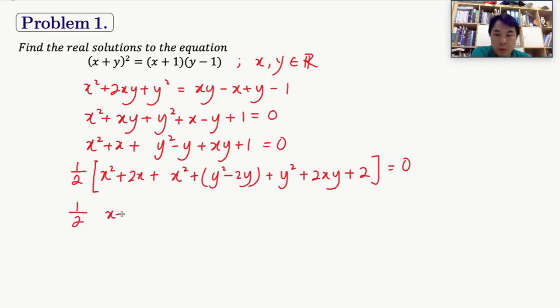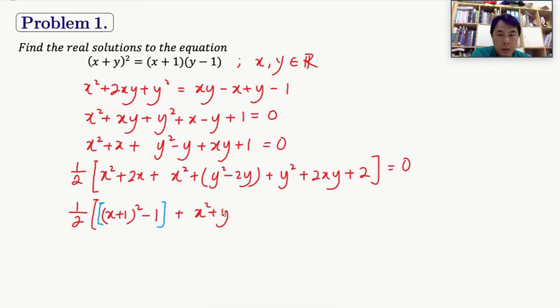So for instance, here I will have x plus 1 square minus 1. That is the completing the square for this first part. So maybe I'll put a bracket across here so that we can recognize that. And then next we have the x square and y square.